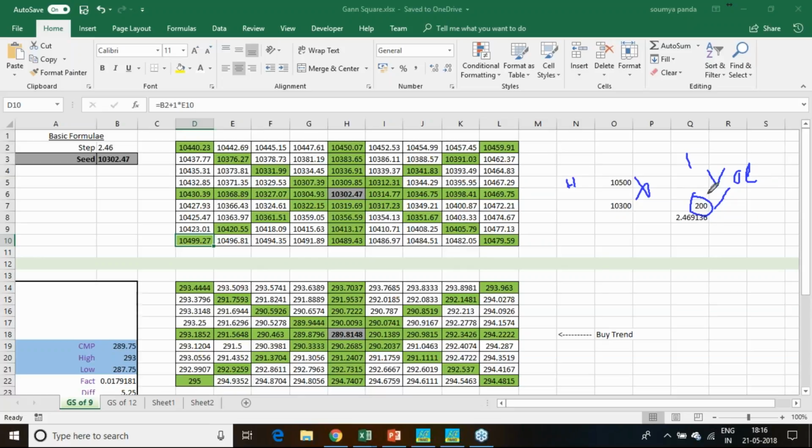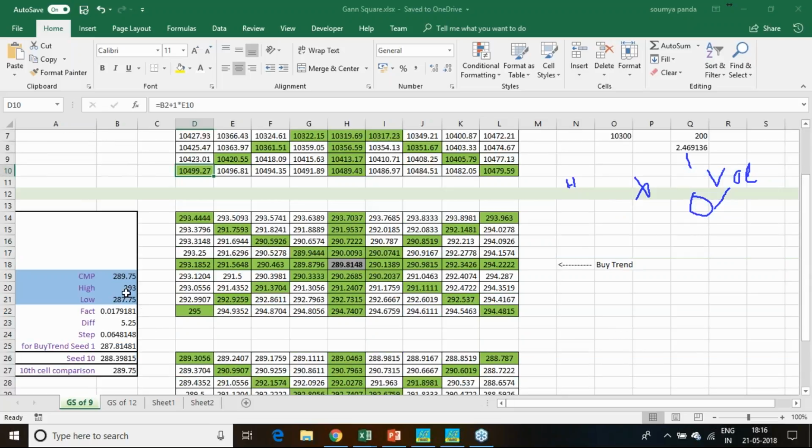Then the seed choice also became very important for me here. So here I have three price points: one is high, another is low, another is current price. Which one should I take as a seed? Here the current price I am comparing with different resistances given by the Square of 9.